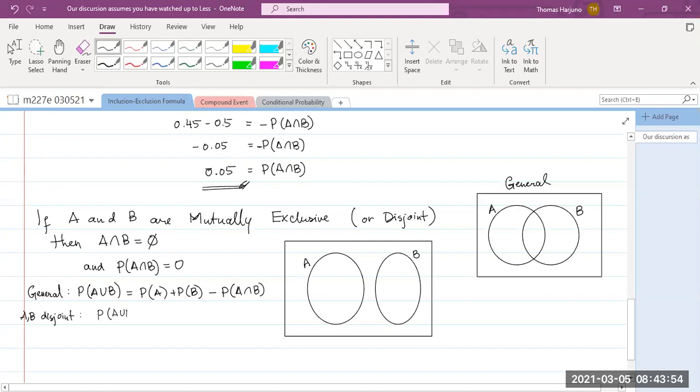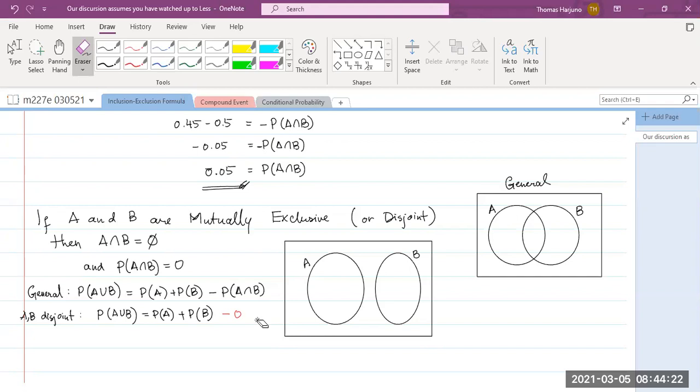Therefore, probability of the union equals probability of A plus probability of B only, right? Because this part here is basically minus 0. So if disjoint means they don't have anything in common, the intersection is the empty set, then the probability of the intersection is 0.